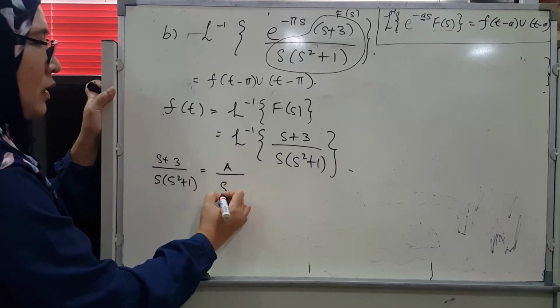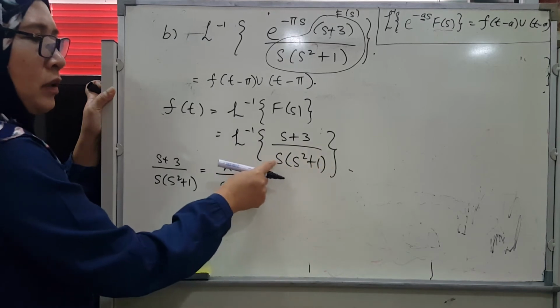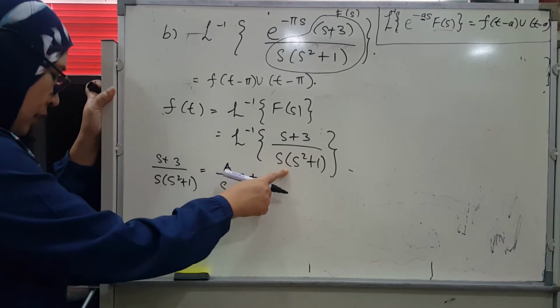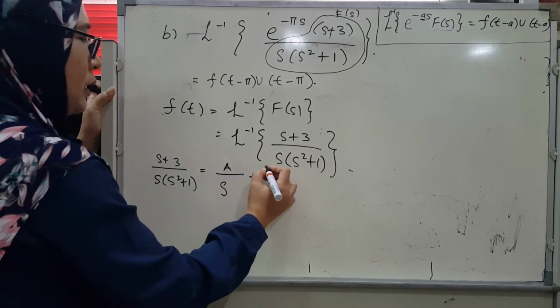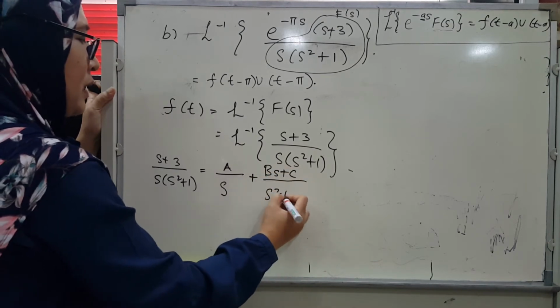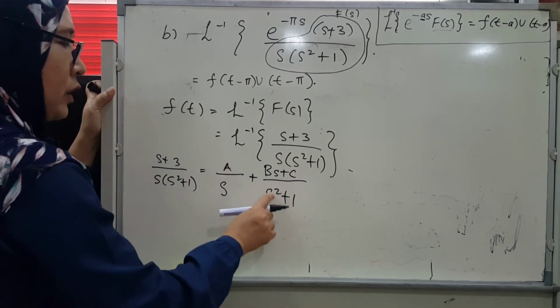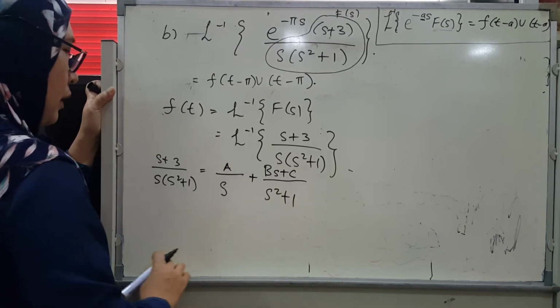This is linear, A over s. This is a quadratic factor, right? Remember, for a quadratic factor, the numerator will be Bs plus C over s squared plus 1.